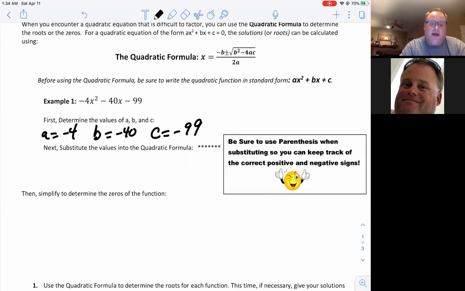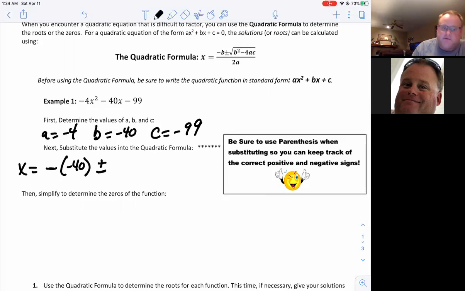Next, substitute the values into the quadratic formula. Big reminder: be sure to use parentheses when substituting so you can keep track of the correct positive and negative signs. I know the formula is negative b, and my b term in this case is negative 40. So x is going to equal a negative, because it's negative b, and my b term is a negative, so I put it inside parentheses.